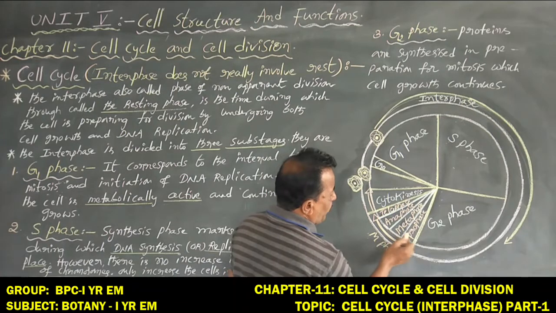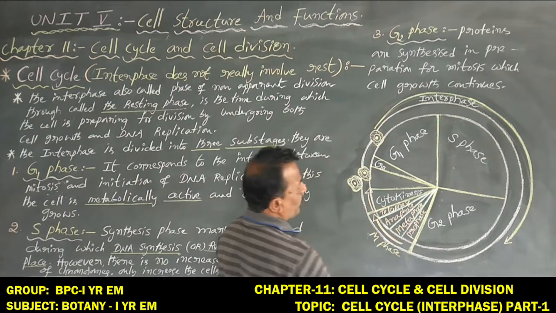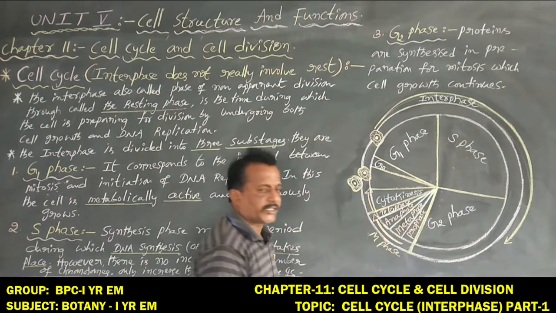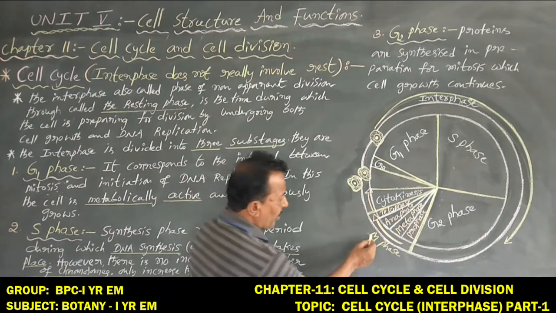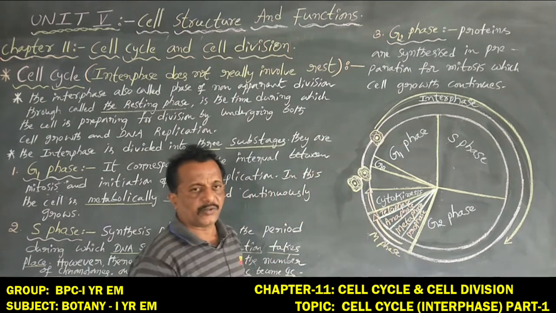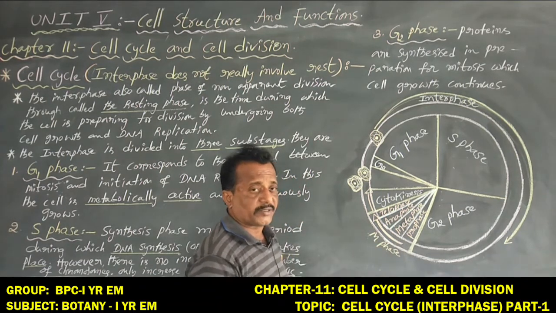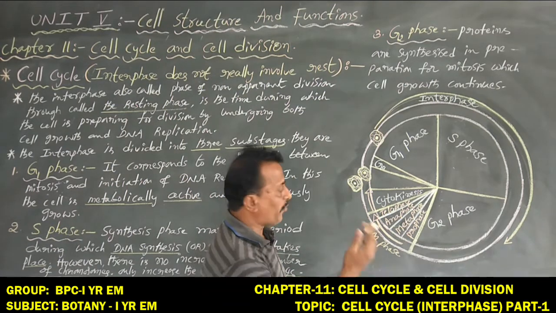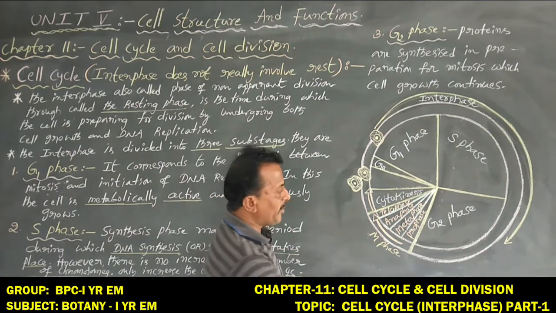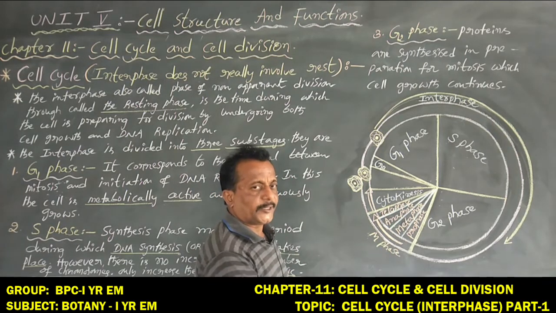The mitosis phase has four phases: prophase, metaphase, anaphase, and telophase. These phases occur in karyokinesis. The M phase consists of two stages: one is karyokinesis and the second is cytokinesis. Karyokinesis is the division of the nucleus, and the chromosomes are split to form daughter chromosomes.